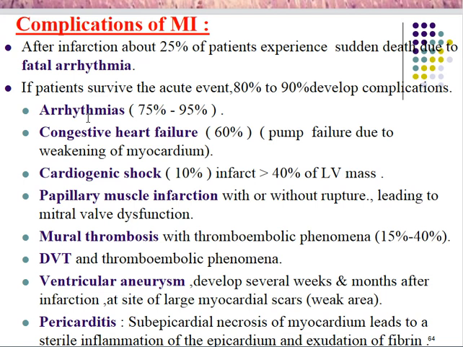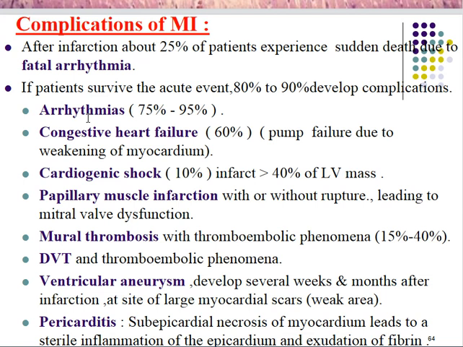Mural thrombosis means thrombosis in the area adjacent to the wall of the heart showing the myocardial infarction, because this part of the myocardium will be paralyzed and no contractility will occur, and this allows thrombus formation, which is named mural thrombosis, with thromboembolic phenomena occurring in about 40%.